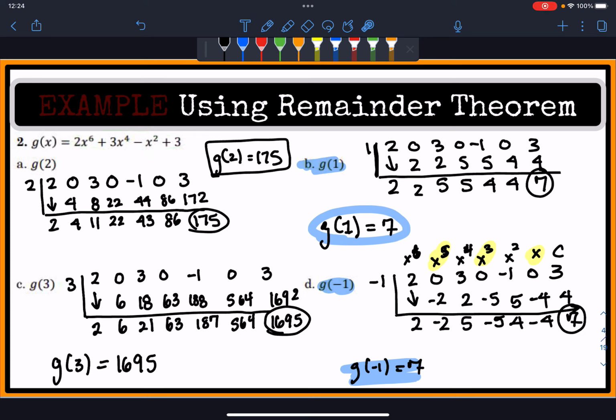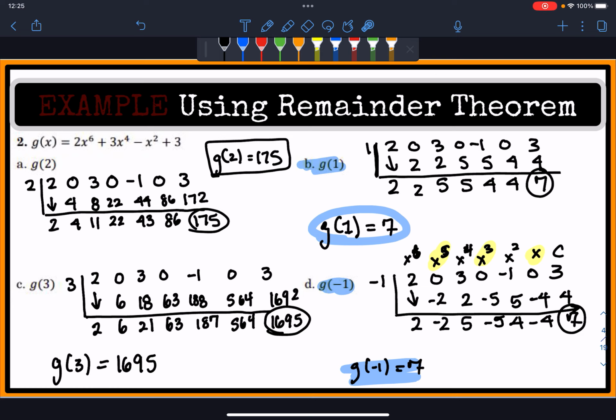And because even functions have a symmetry across the y-axis, for every point x, y on the graph, negative x, y is also going to be a point on the graph. So the opposite x coordinate is going to have the same y coordinate as well. So since g of 1 is equal to 7, g of negative 1 also ended up equaling 7, as you see right here when we did this synthetic substitution to prove that.